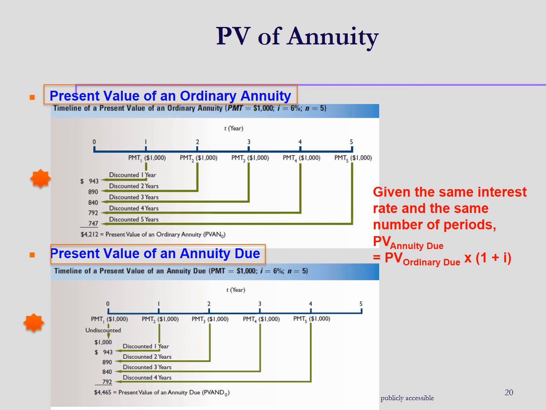We conclude that, given the same interest rate and the same number of periods, present value of an annuity due equals present value of an ordinary annuity times 1 plus interest rate.